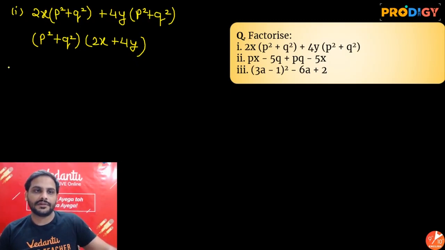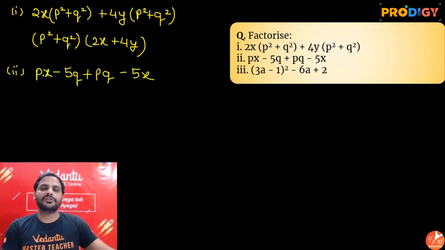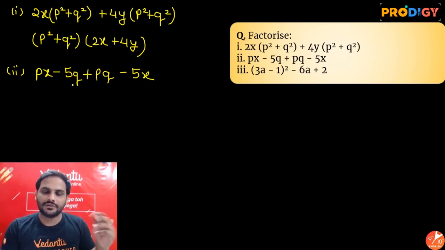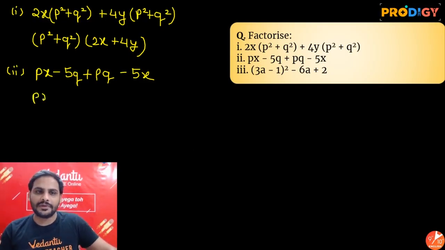Okay? Next one, px minus 5q plus pq minus 5x. If you see, in the first two terms, px and minus 5q, I don't have anything common. So I can interchange the places. I'll write px plus pq minus 5q minus 5x.